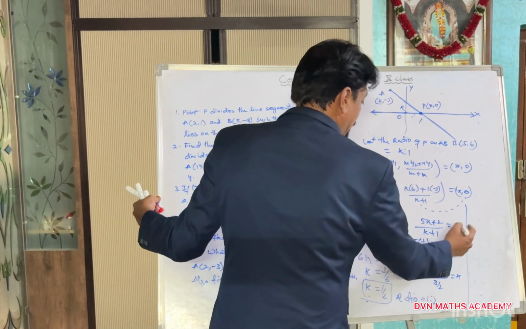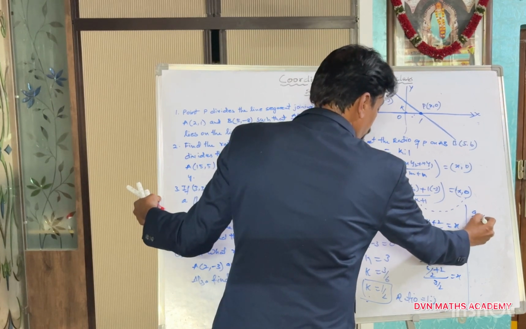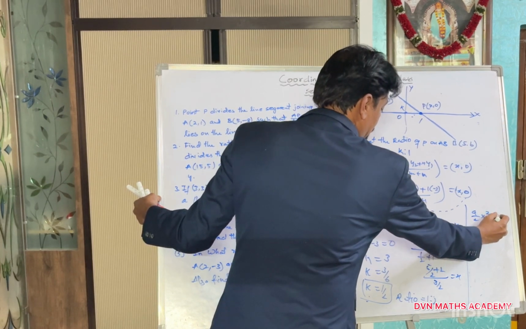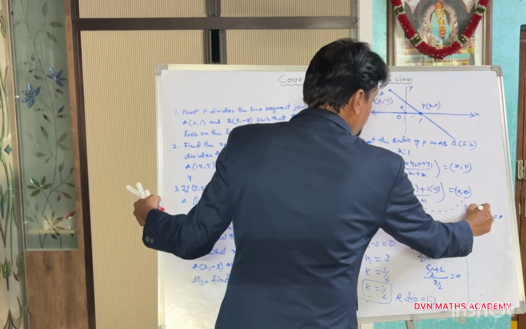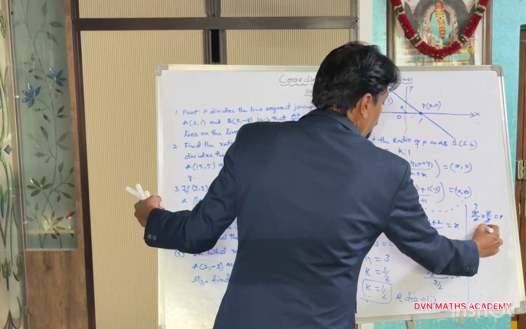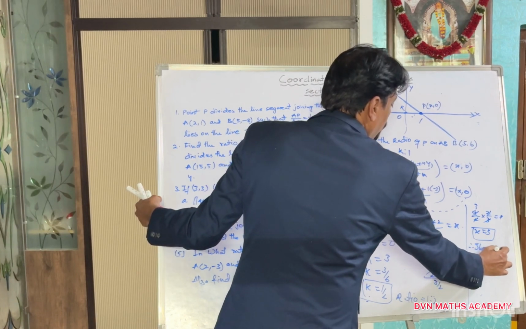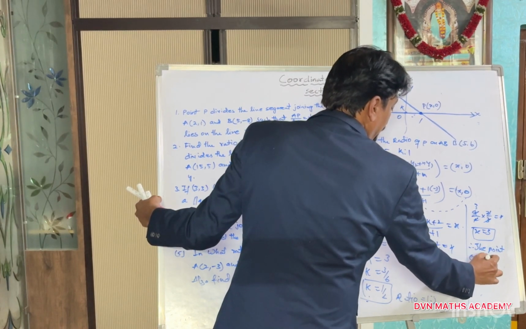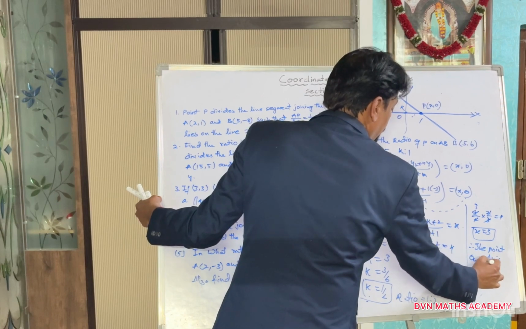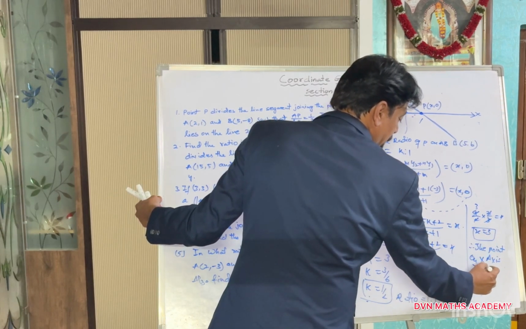Afterwards, 9 by 2 into 2 by 3 is equal to x. If you cancel this, x is equal to 3. Therefore, the point on the x-axis is 3 comma 0.